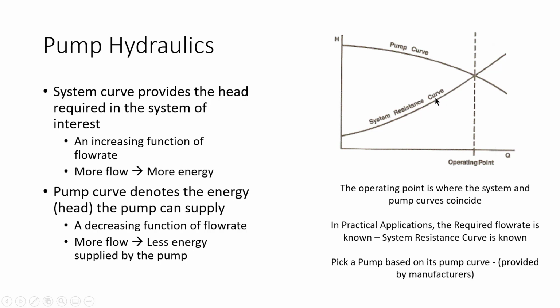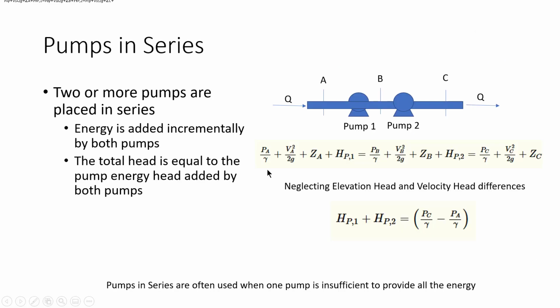It may only provide us with a much smaller flow rate. So we have to select a pump that gives us the flow rate that we want. That's the basic idea behind designing a pump. And of course, a lot of times a single pump may not be sufficient for us.